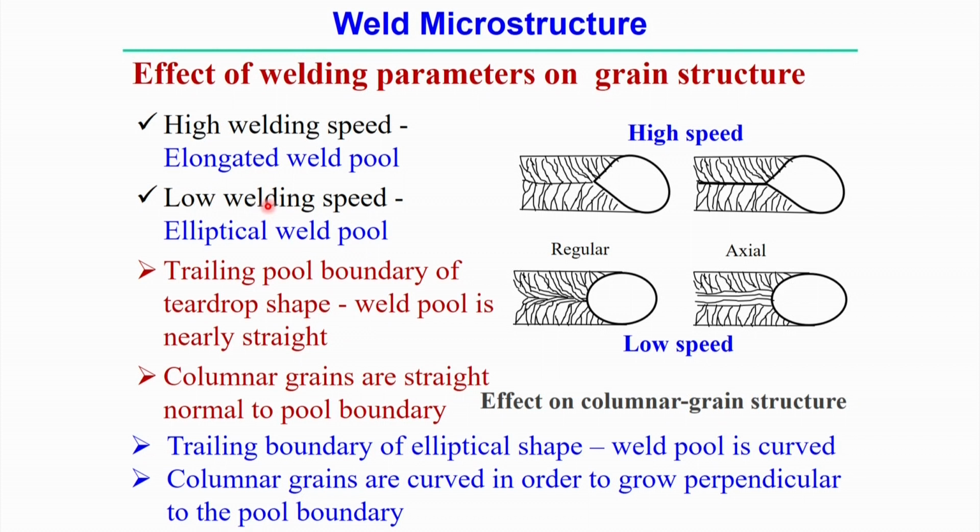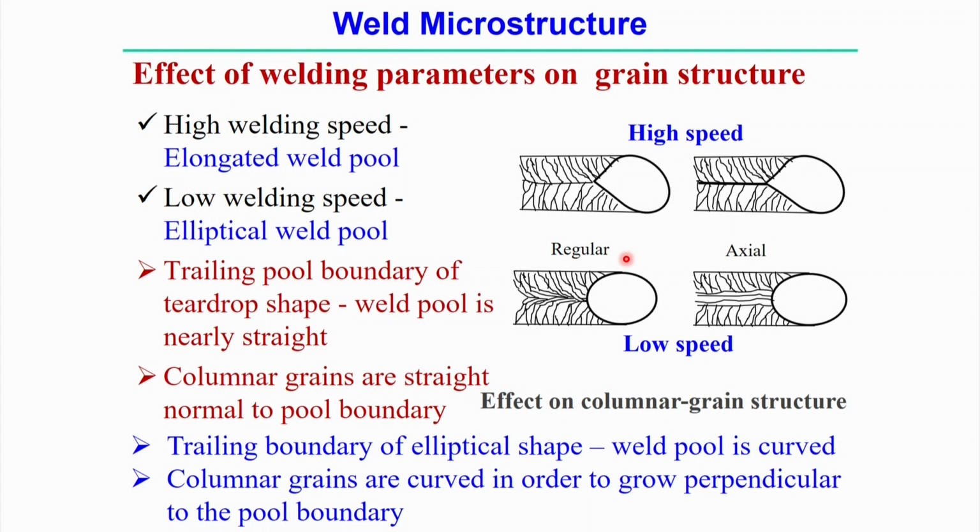Now, in case of low welding speed, the weld pool looks elliptical, and the trailing pool boundary of the teardrop shape means it is a very high welding speed. The weld pool is nearly straight, and the growth also happens perpendicular to that. Columnar grains form almost straight, normal to the pool boundary.